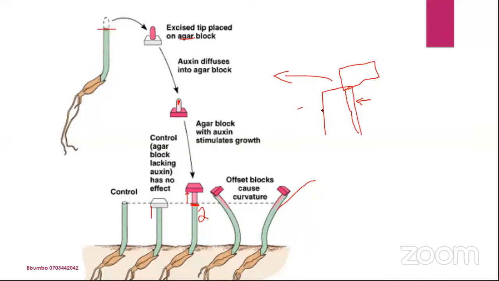Let me. Master. Wilson, yes, Wilson. Sir, yes. I've not understood about the X additive placed on a GAR block. Agar block. Yes, and your network is just not clear. Okay.